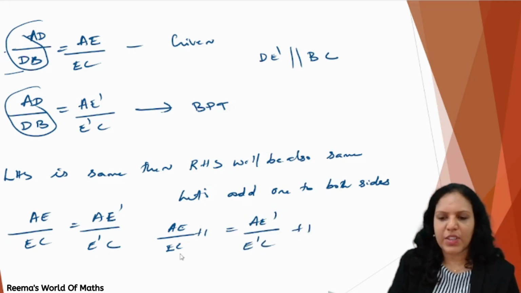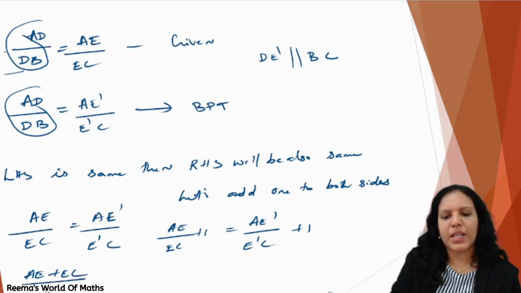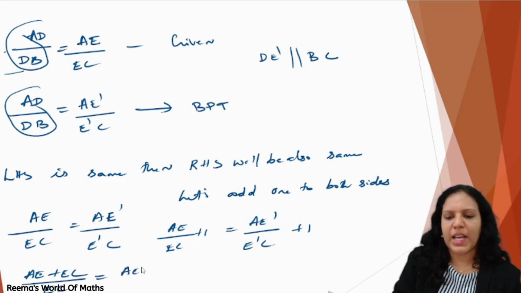Correct? If we take the LCM, it will be EC. So that will be AE plus EC divided by EC, correct, equals AE dash plus E dash C divided by E dash C.